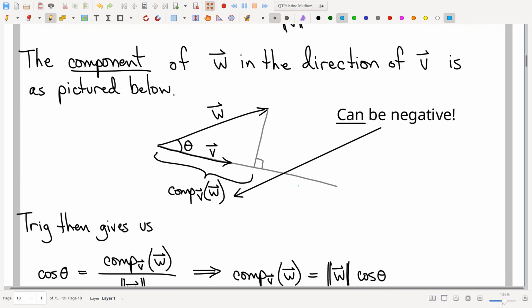Okay. That said, we're going to talk about this idea of a component. The word component addresses a scenario where there is a direction that I want to talk about. There's a direction that is the direction we care about. We don't really care what's happening in other directions. It's only the direction we care about that matters. An easy example, football.